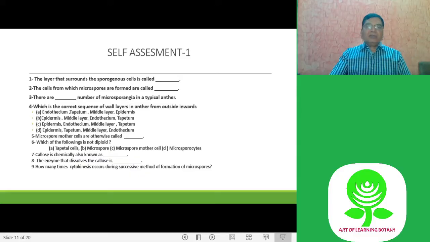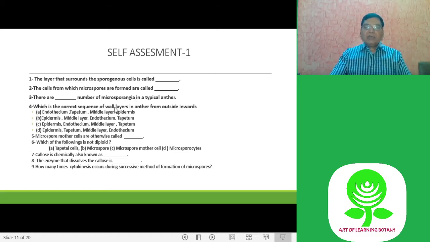Now let us see some very quick questions to revise your knowledge, what you have remembered. The layer that surrounds the sporogenous cell is called tapetum. The cells from which microspores are formed are called microspore mother cell or microsporocyte. There are 4 microsporangia in a typical anther, 2 in each lobe.